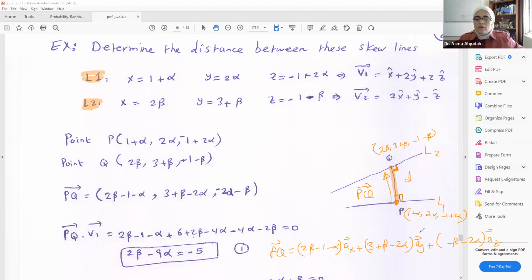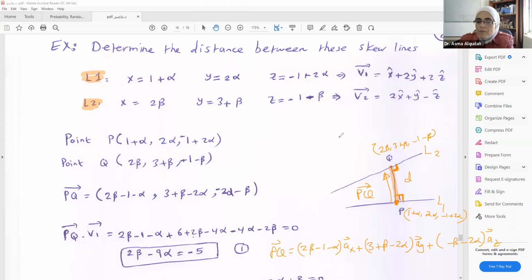Okay. Now this vector PQ should be normal or perpendicular to L2. At the same time, it should be perpendicular to line L1.